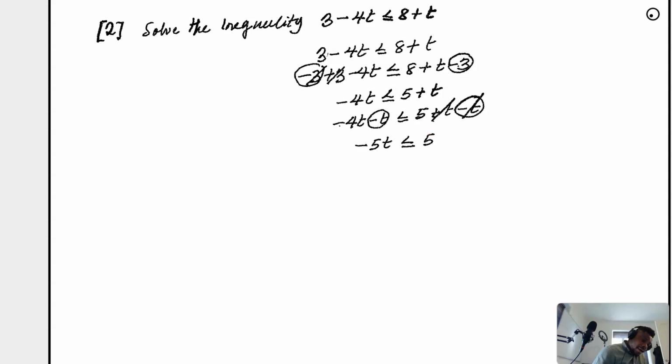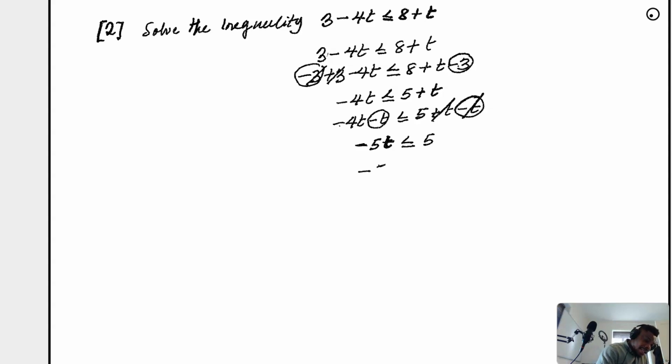Okay? Now, I want to get t. What is disturbing t? Minus 5. For me to remove minus 5 from t, I have to divide both sides by minus 5. And remember that when you are dividing both sides of an inequality by a negative value, you change the inequality sign.